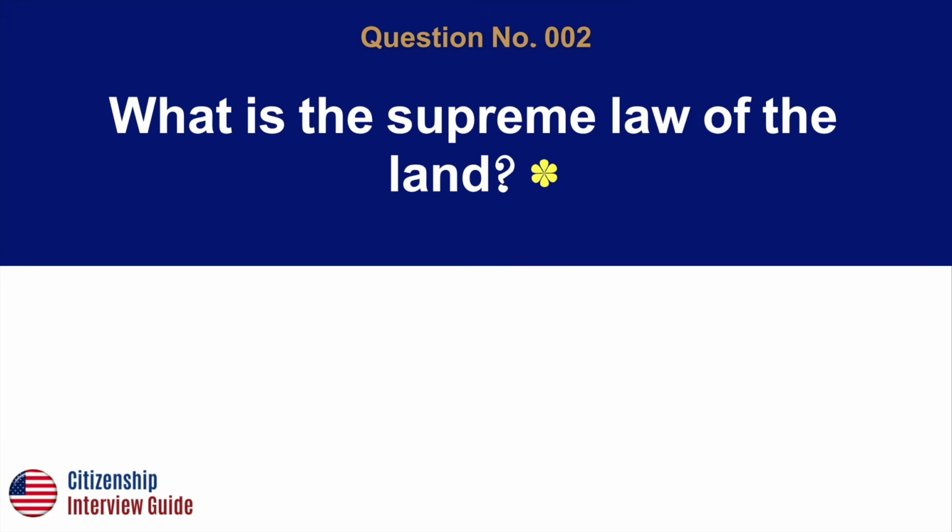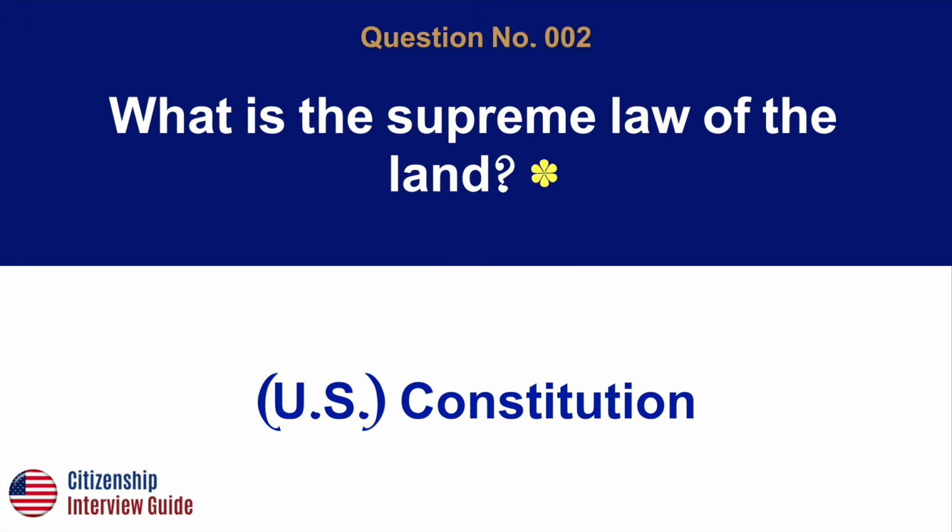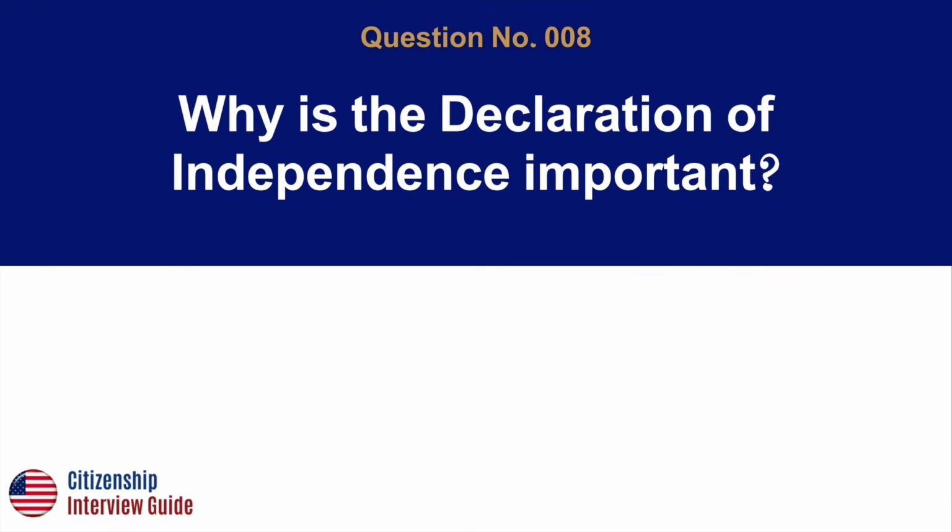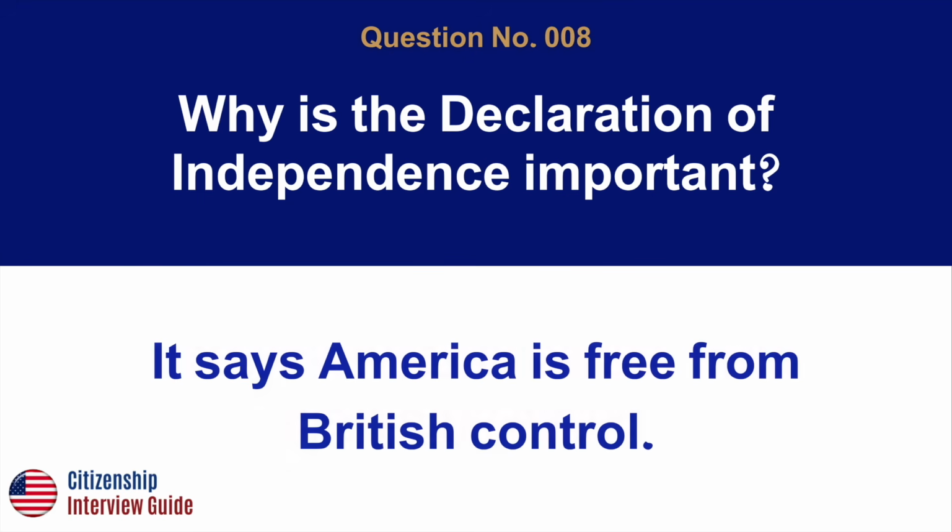What is the supreme law of the land? U.S. Constitution. Why is the Declaration of Independence important? It says, America is free from British control.